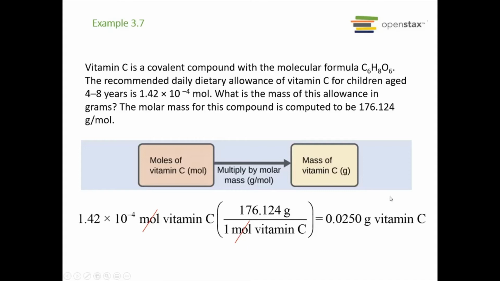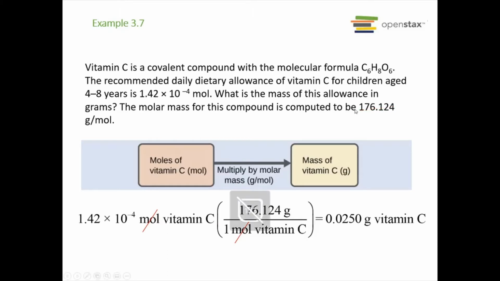All right, let's look at another example. We are told vitamin C is a covalent compound with the molecular formula C6H8O6. Recommended daily dietary allowance for kids is 1.42 times 10 to the negative 4th moles. What is the mass of this allowance in grams? And they were nice and actually told us the molar mass instead of making us do it ourselves.